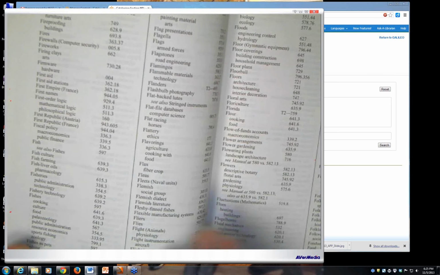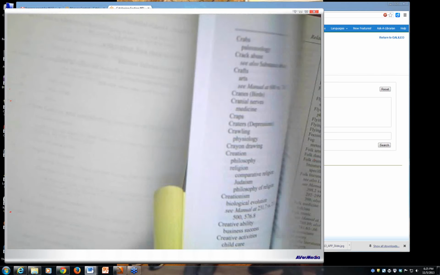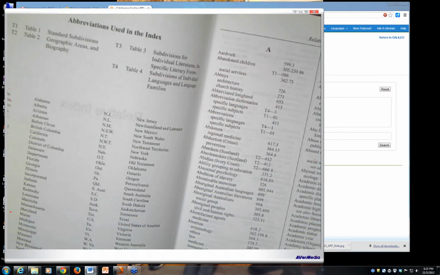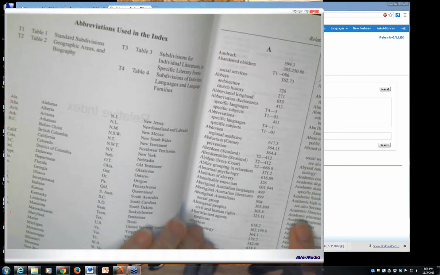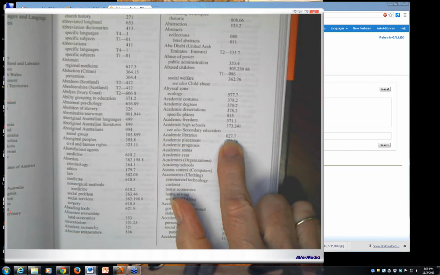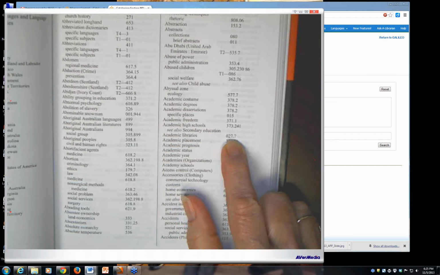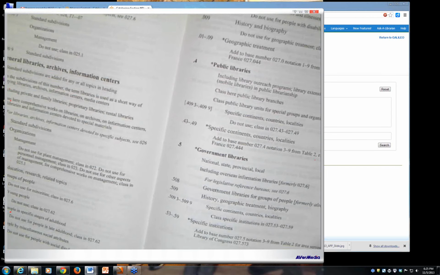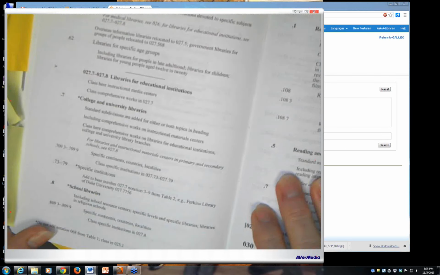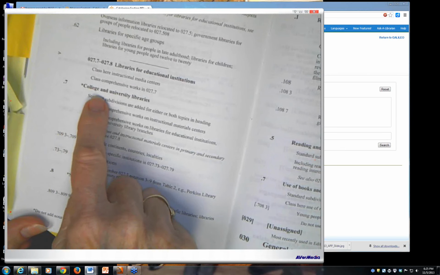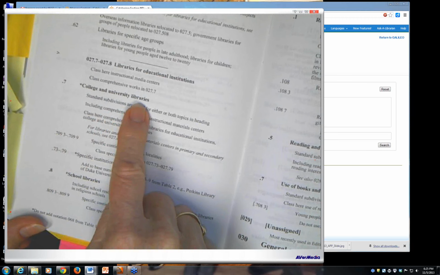Okay, so let's go in and see if we can find anything on academic libraries. I see academic libraries is listed, 027.7. Let's go. 027.7, college and university libraries.